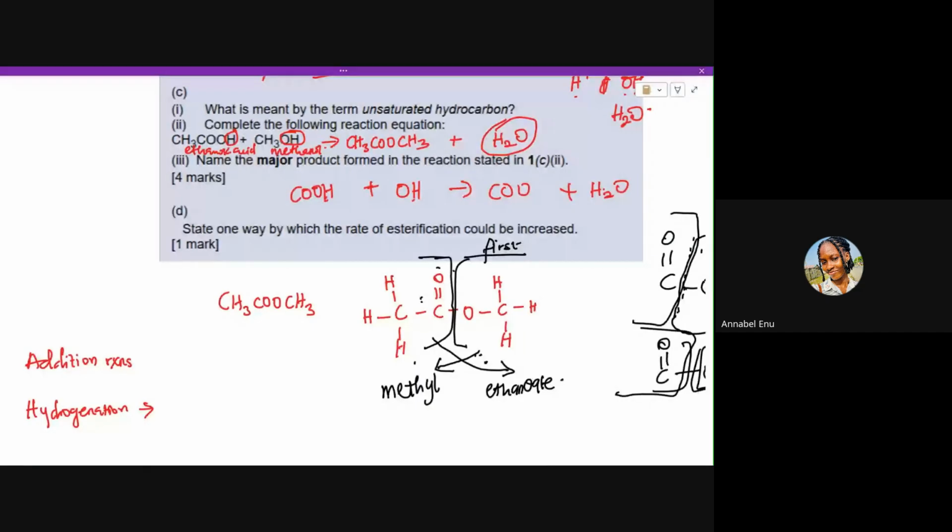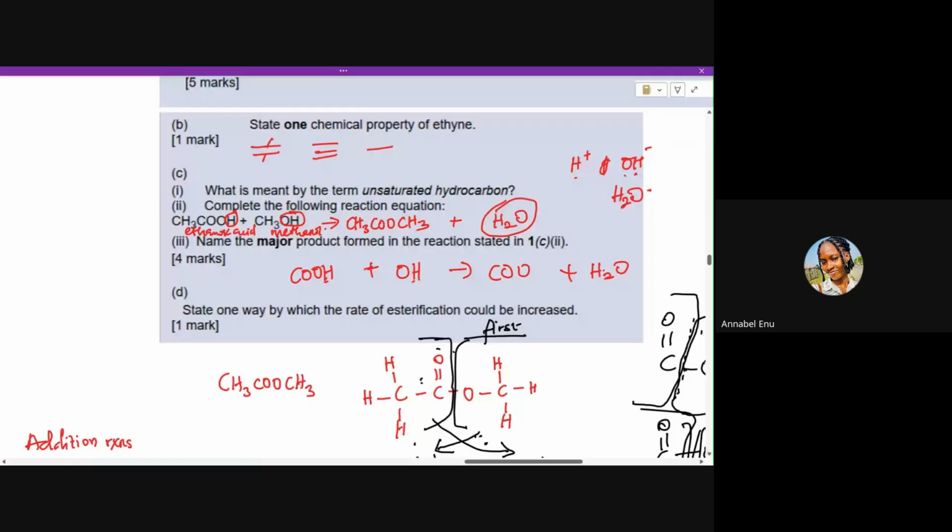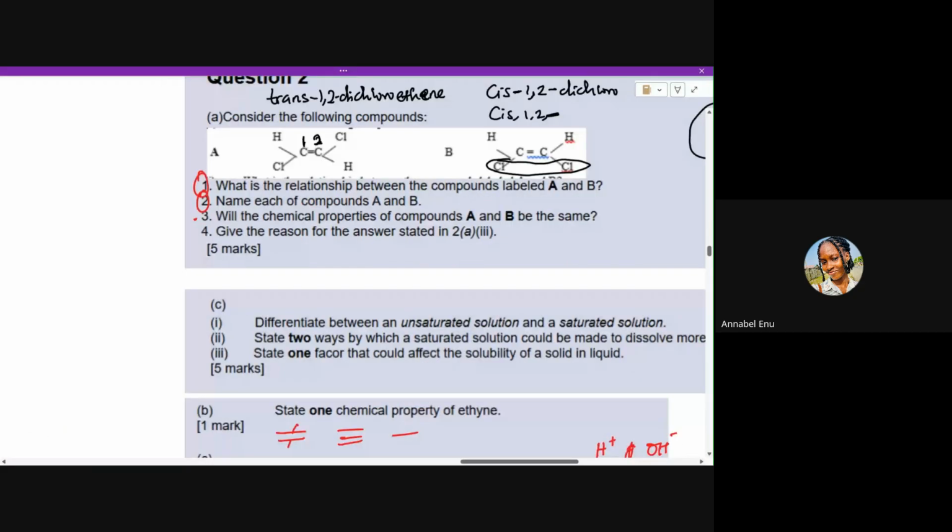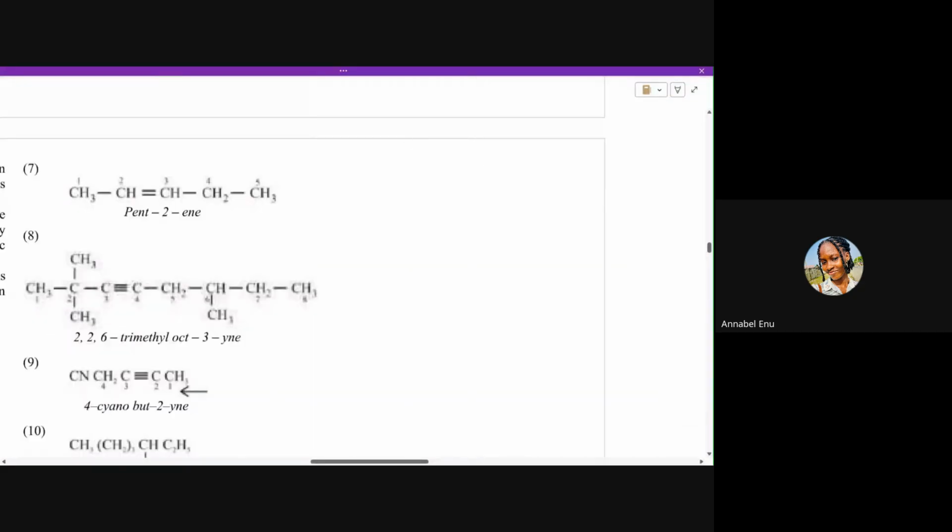Also by the addition of an acid catalyst, maybe sulfuric acid, H2SO4. So that's one way. Any one of them, use just one. So that is enough for the past question.